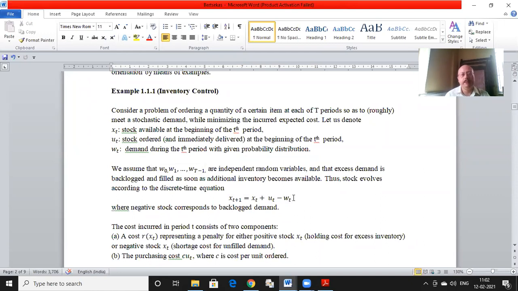So in any period, I start with some initial stock, I get something additionally, but I have to give out some wt. So when I go to the next period, this is what I am carrying with me. And this can be negative. If this wt is very large, then it is possible that this will be negative.